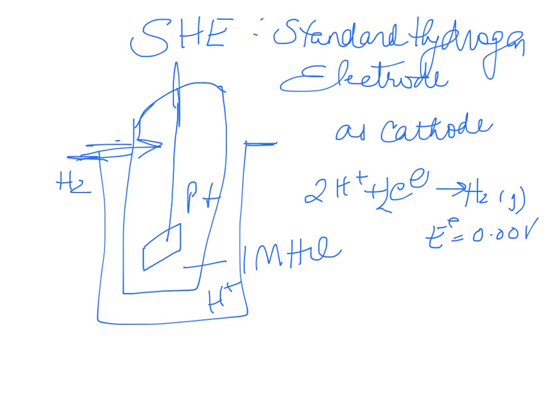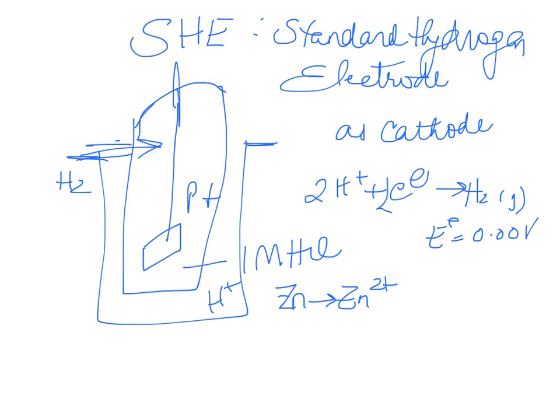So we want to determine the potential difference of some electrode, and so I'm going to hook up the SHE with that other electrode. You could consider, perhaps zinc, for instance. So zinc is going to go to zinc 2 plus, and I know that will happen because in the reactivity series, zinc is higher than hydrogen.